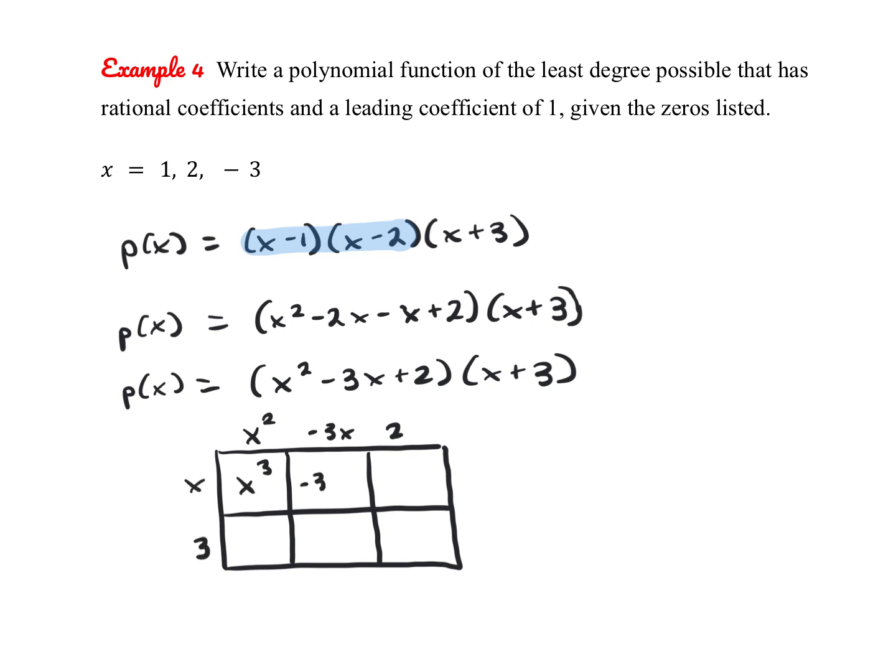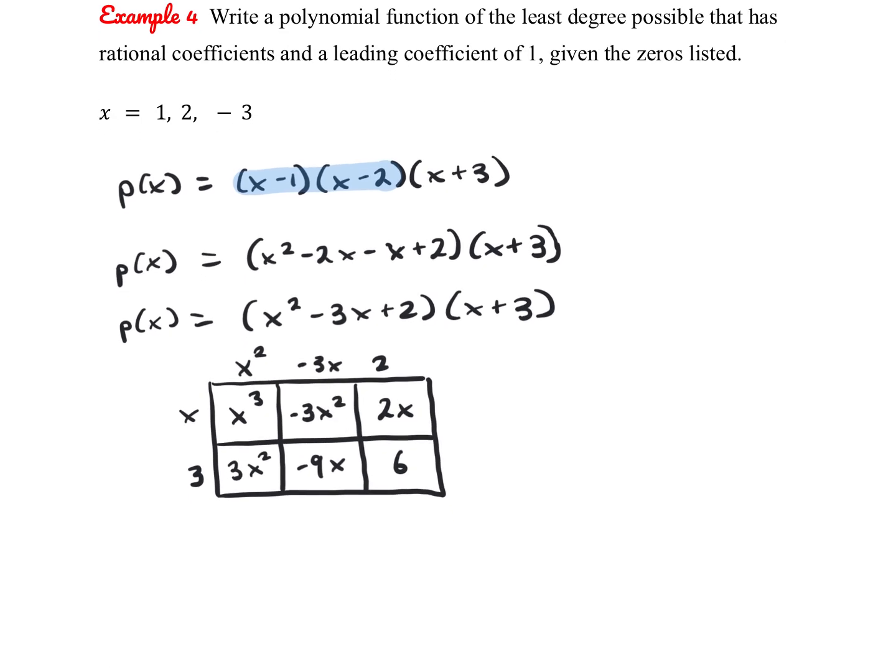So x cubed, negative 3x squared, 2x, 3x squared, negative 9x, and 6. Then all we need to do is combine like terms. So we have x cubed, and then we actually have 0x squared here. And then this gives us negative 7x plus 6. There you go.